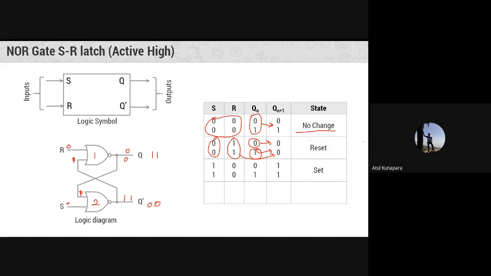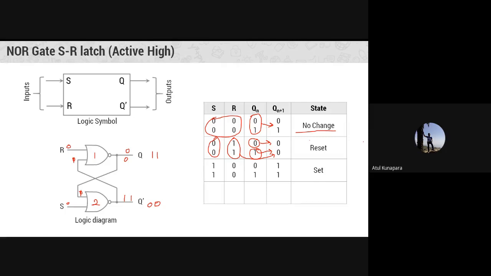So there are three conditions at the output of this latch. Either it can be set by giving S equal to 1, or it can be reset by giving R equal to 1, and it can be kept the same by making R and S both equal to 0. Right? So this is like writing data to a pen drive.